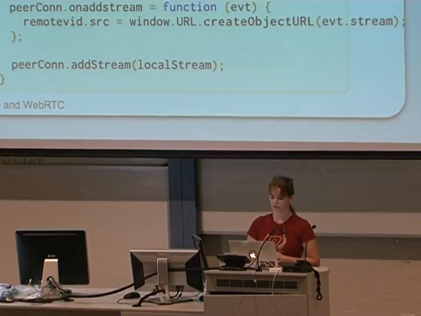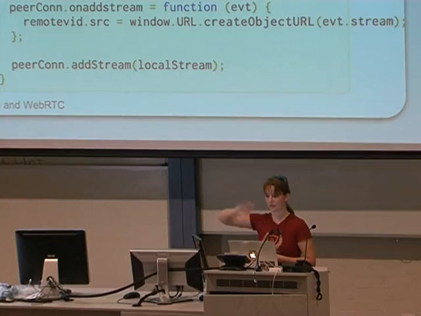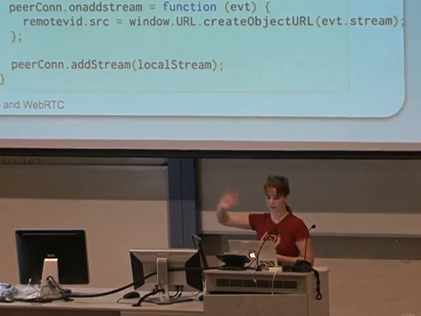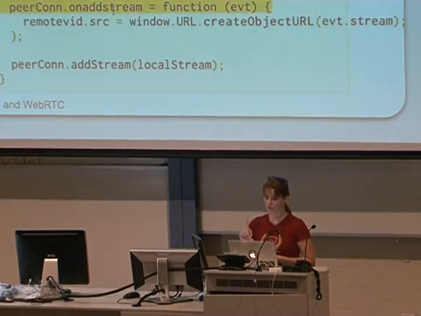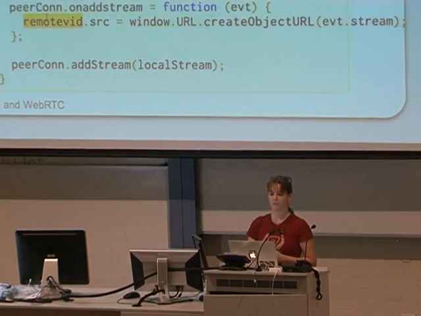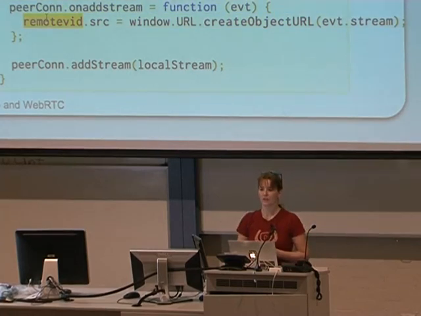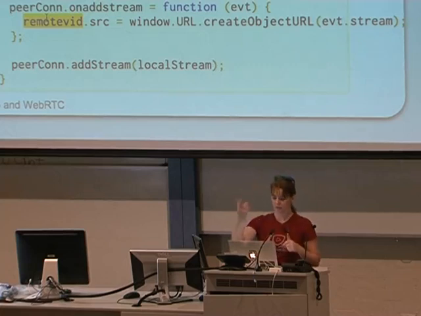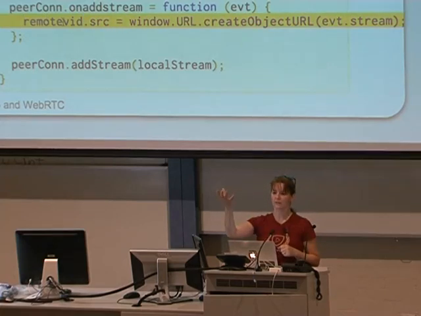And so then I set up my peer connection object, and I hook up the on-ICE candidate. When I'm getting an ICE candidate, I'm going to send that candidate over to the other end, so that we can communicate with that IP address. When I'm getting a stream from the other end, I'm going to put that into my remote video object that I've got on the page, the video element, so that this actually will display the video for us.